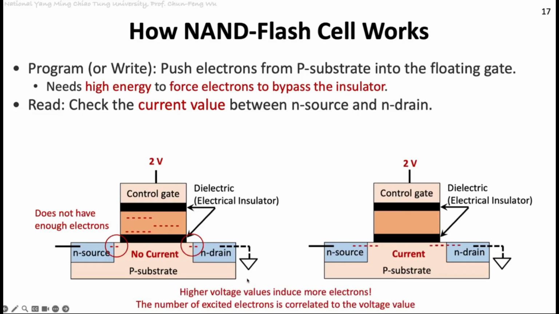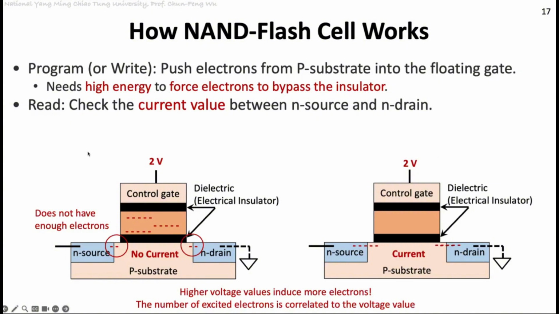So higher voltage values induce more electrons. What I mean is, if you apply a higher voltage value, more electrons will be delocalized from the P substrate. And the number of excited electrons is correlated to the voltage value, so larger means more, and with a smaller voltage value you can only get fewer.